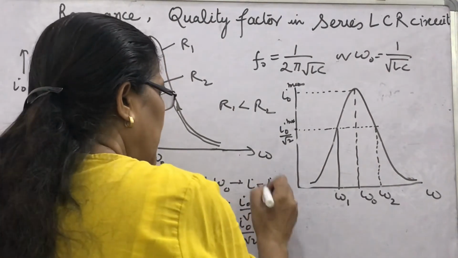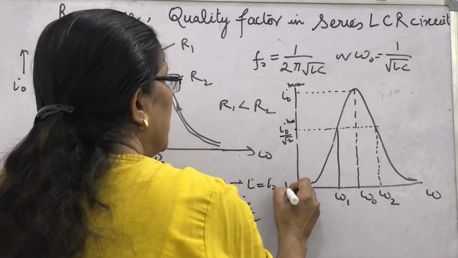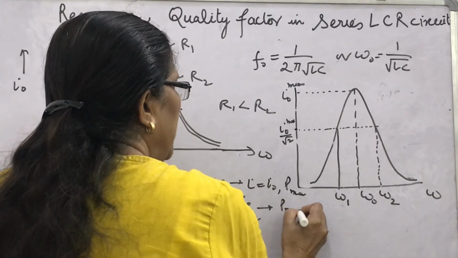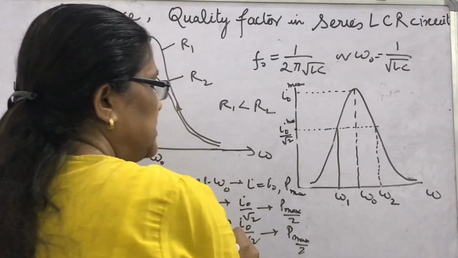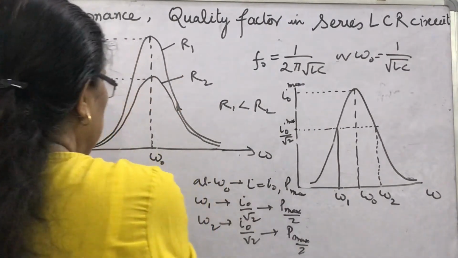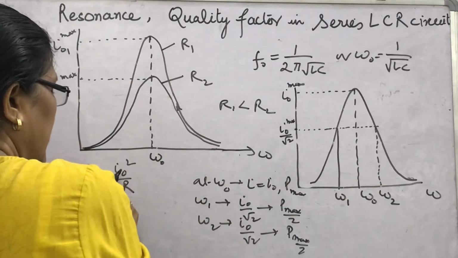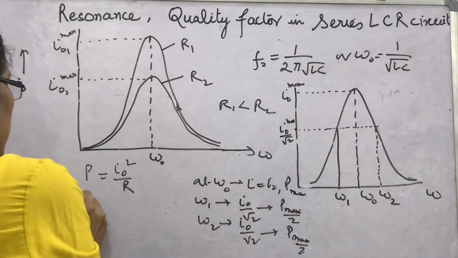What can you say about power? At omega naught power is P maximum, and what here? P maximum upon 2, half will be the power. How can you say? This P maximum or P is given by I naught square upon R. When I is I naught by root 2, what will become at omega 1?